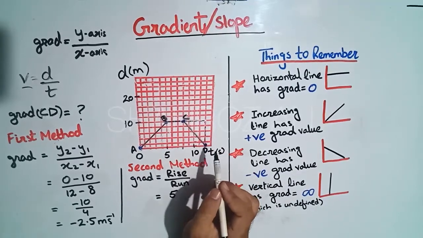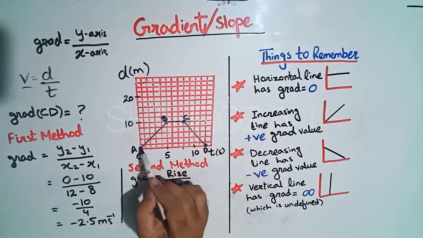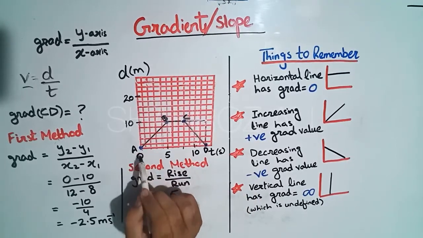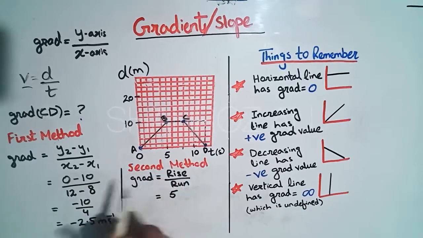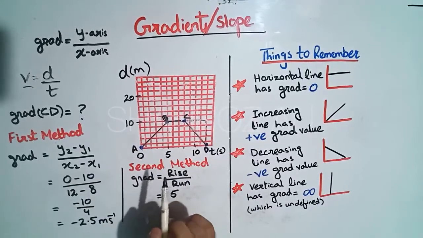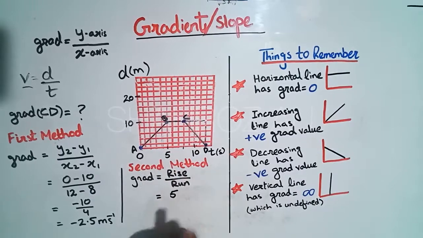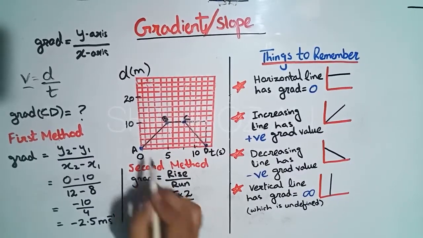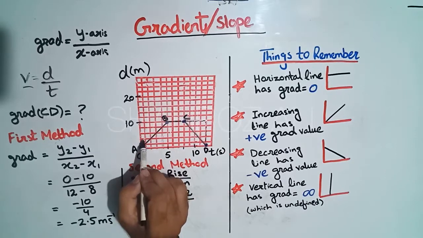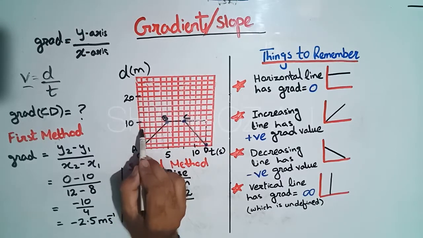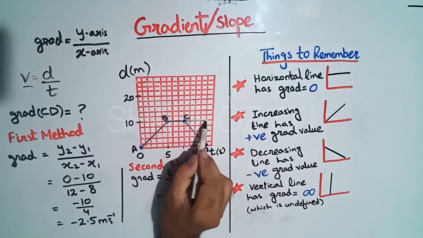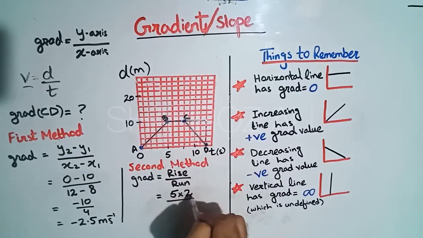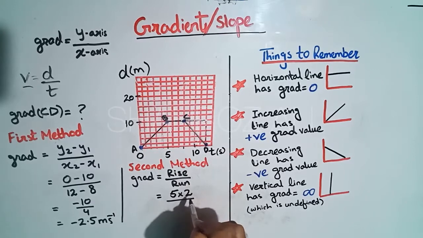5 is the rise, but I have told you the scaling on the y-axis is not equal to just one line. One block contains a value of 2, so you multiply by 2. Every block is of double value. 5 lines, each box containing a value of 2.